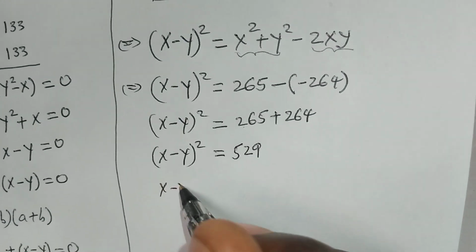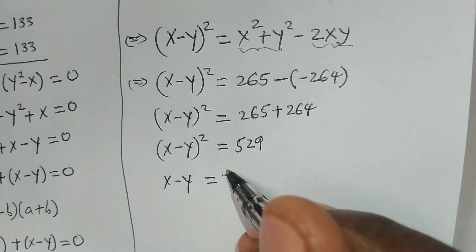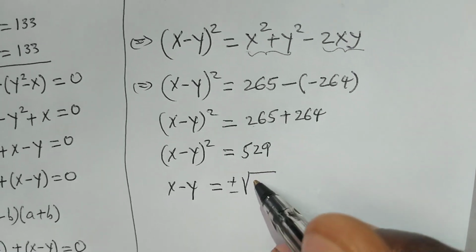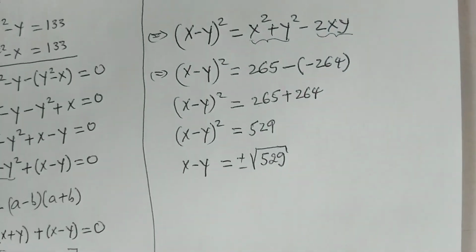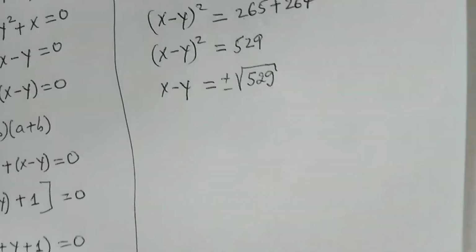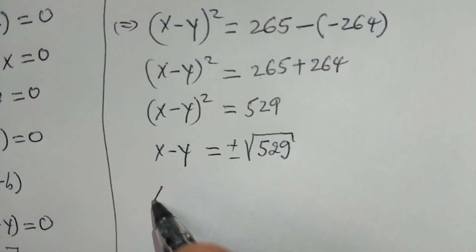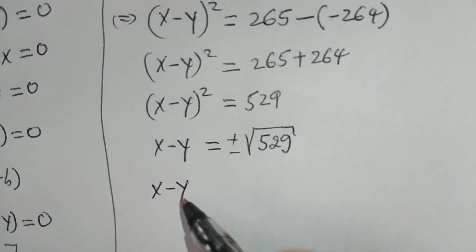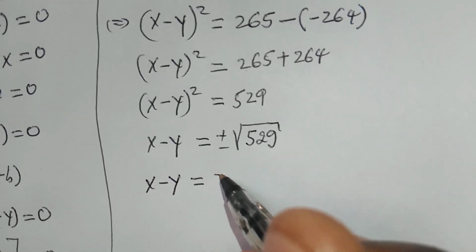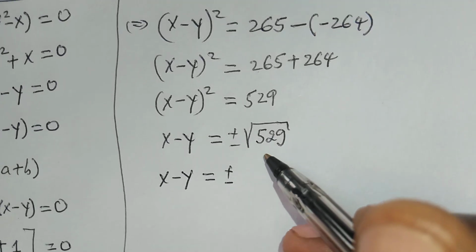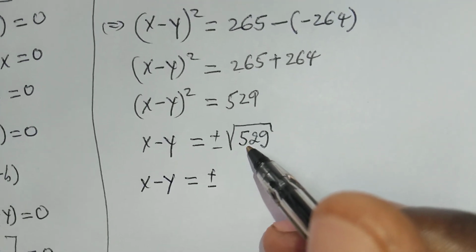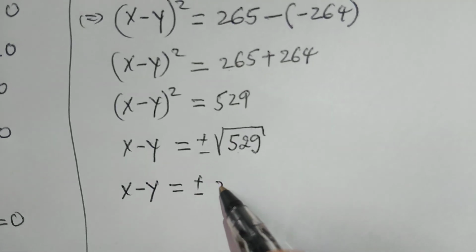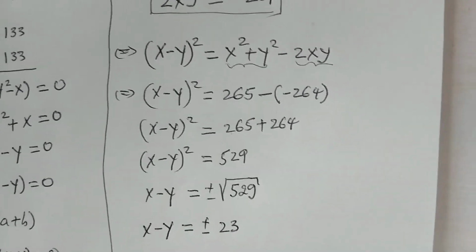Then x minus y is equal to plus or minus the square root of 529, which is equal to 23.